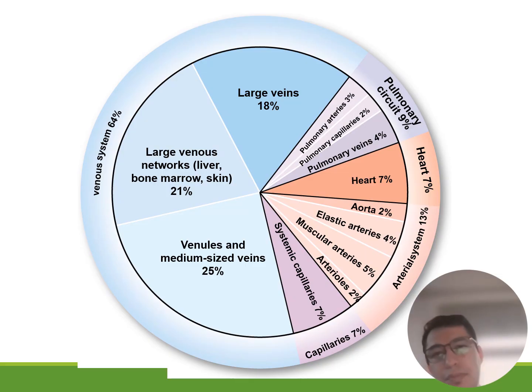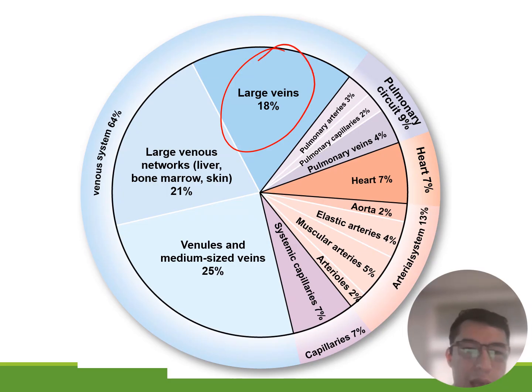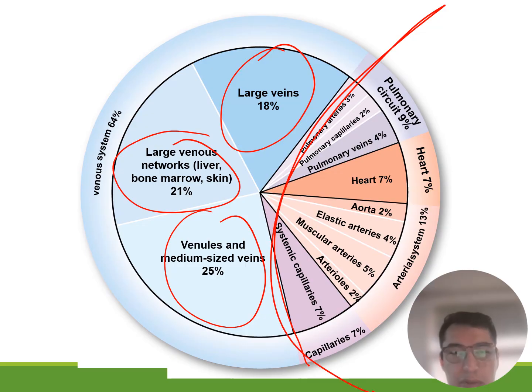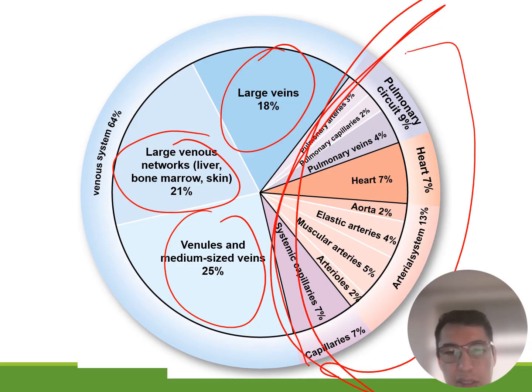This picture kind of puts it into perspective. So we have large veins, okay? We have a large network such as in the liver, bone marrow, and skin, and we have medium-sized veins. As you can see, they make up most of the blood as opposed to the arterial system.